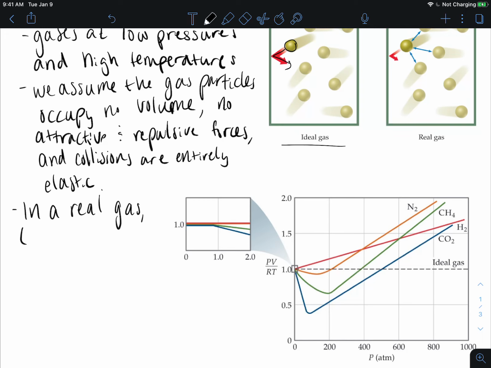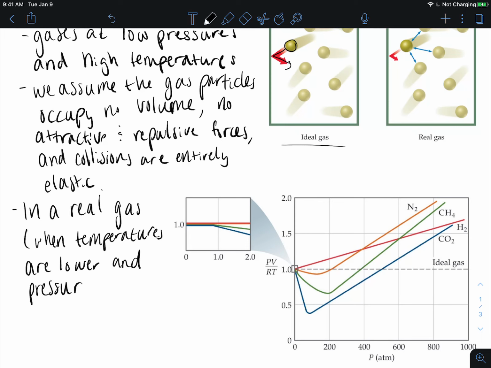and this is when temperatures are lower and pressures are higher, the particles interact more.